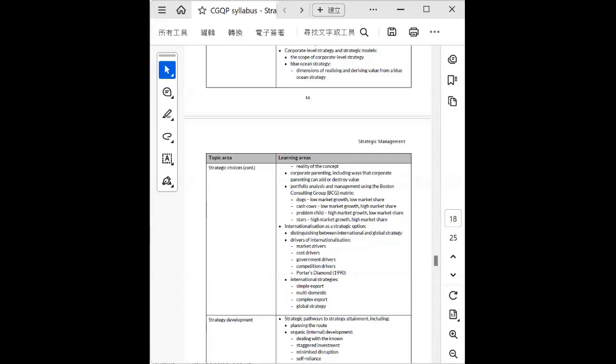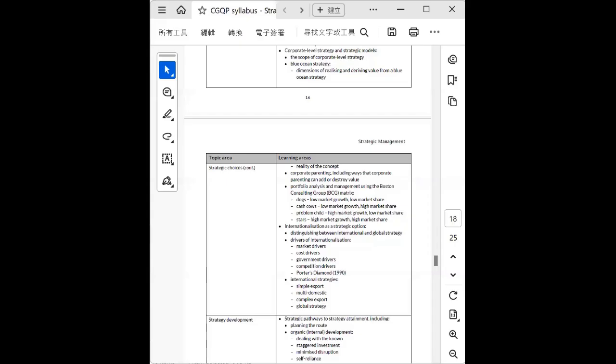The Madonna example is an international strategy. Maybe when they are considering the core brand identity, that's the global strategy.